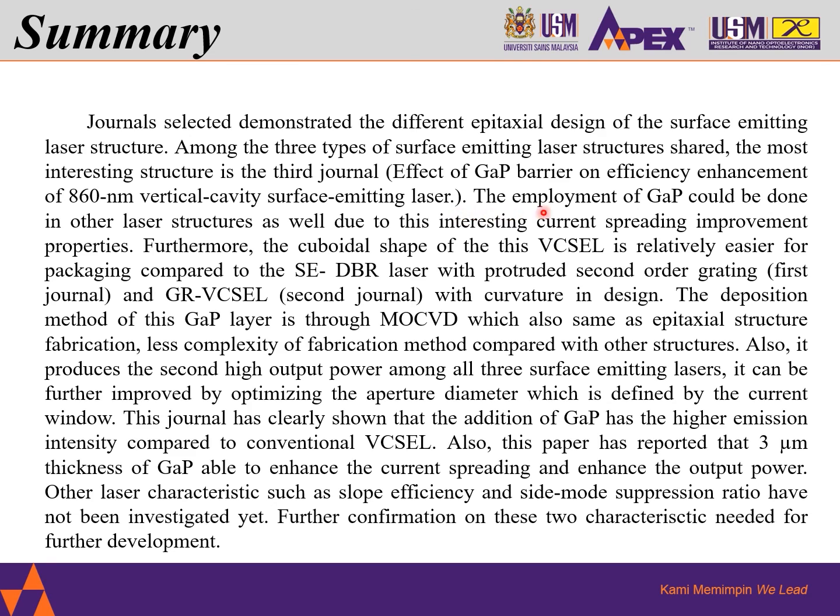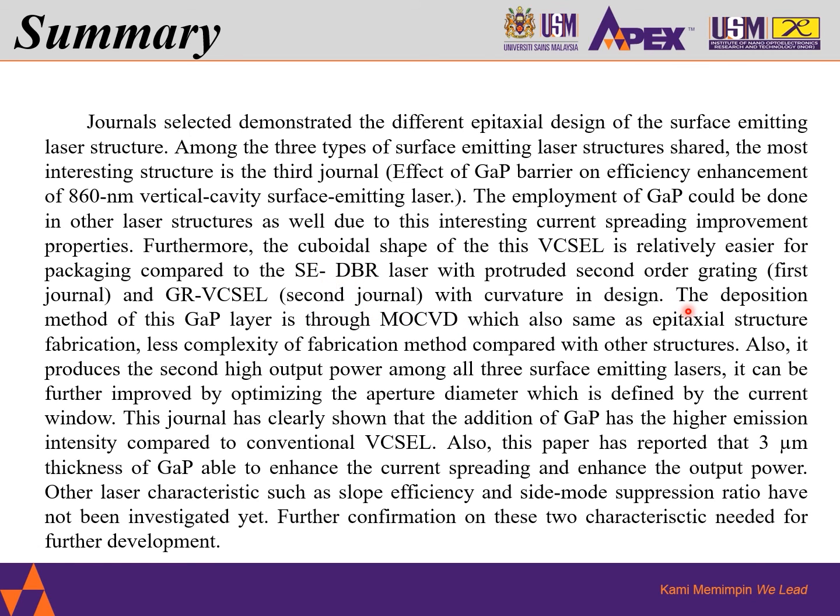The employment of gallium phosphide can be done in other laser structures as well because of its interesting current spreading improvement property. Furthermore, the cuboidal shape of this VCSEL is relatively easier for packaging compared to the SEDFB laser with protruded second order grating from the first journal, or the graphene VCSEL from the second journal, the structure with curvature in design.